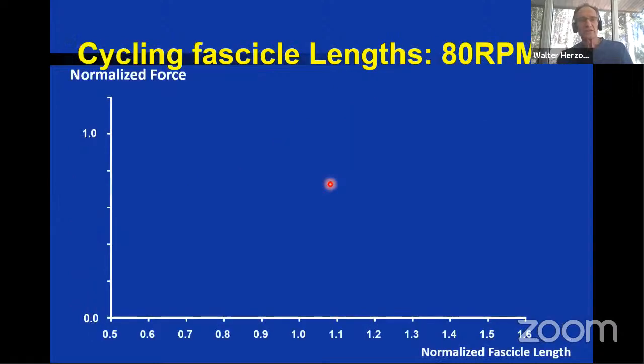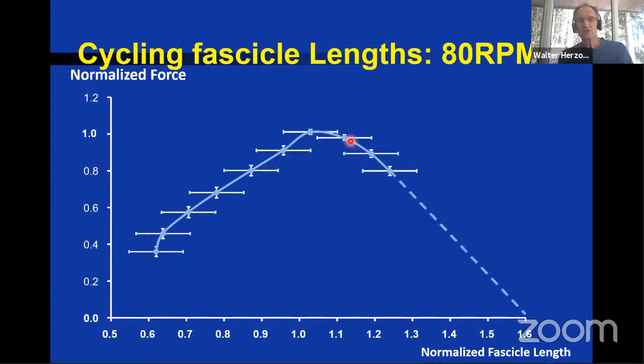Then we normalized this force length relationship. And since we didn't have values here at very, very long muscle lengths, we extrapolated this linearly. And then we checked for cycling at 80 revolutions per minute for a maximal effort, where would the fascicle length be during the cycling activity?